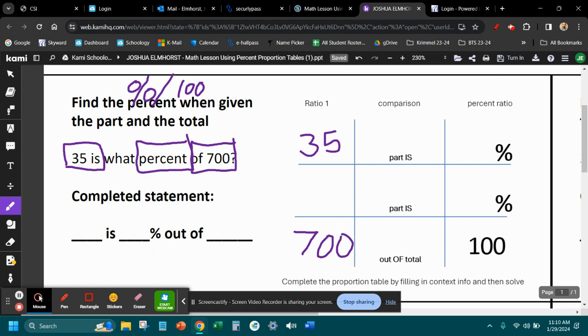One piece of information that is always going to be given with the percent ratio is 100. So we're going to have a part and a total. Here the question is about 35. What is the other missing part when asking 35 out of 700?